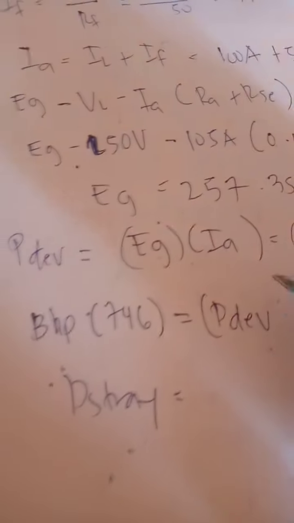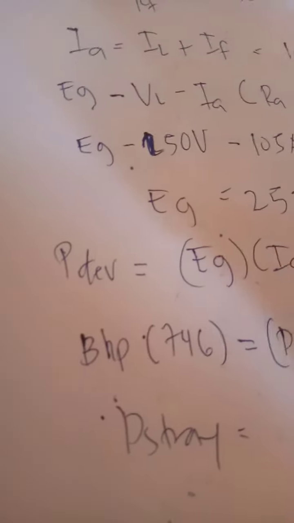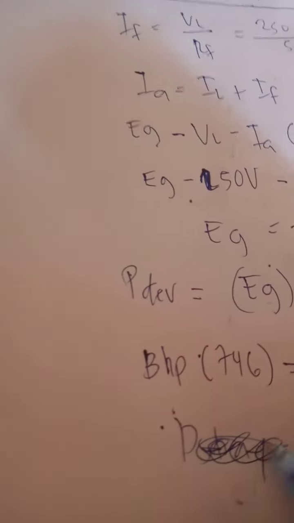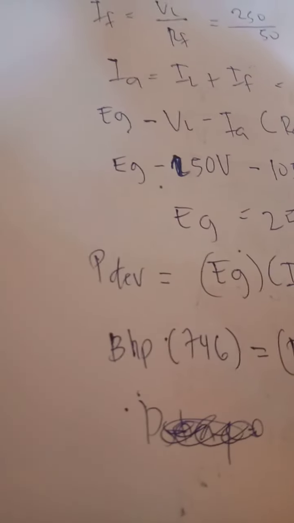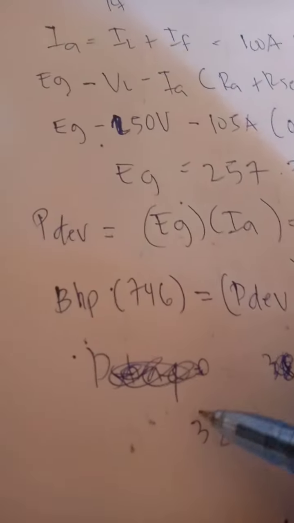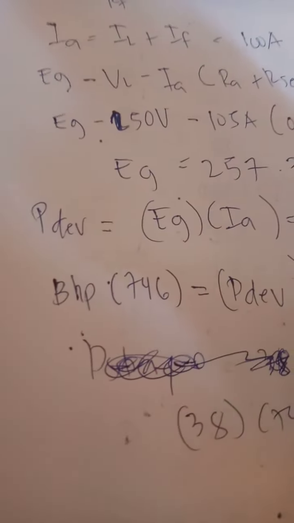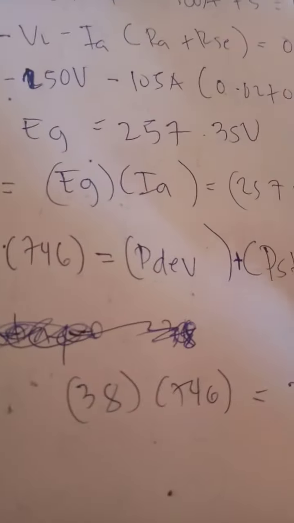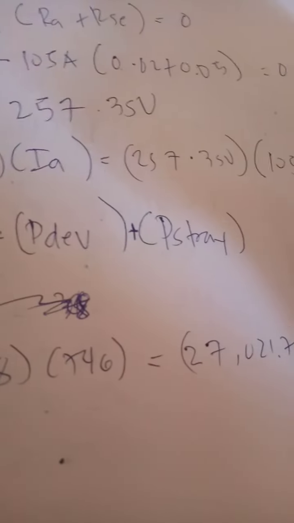Oh, I see the problem. It's plus, then our BHP is 38. Our BHP is 38 times 746, so that it will be converted to watts, equals PDEV of 27021.75 plus P stray.